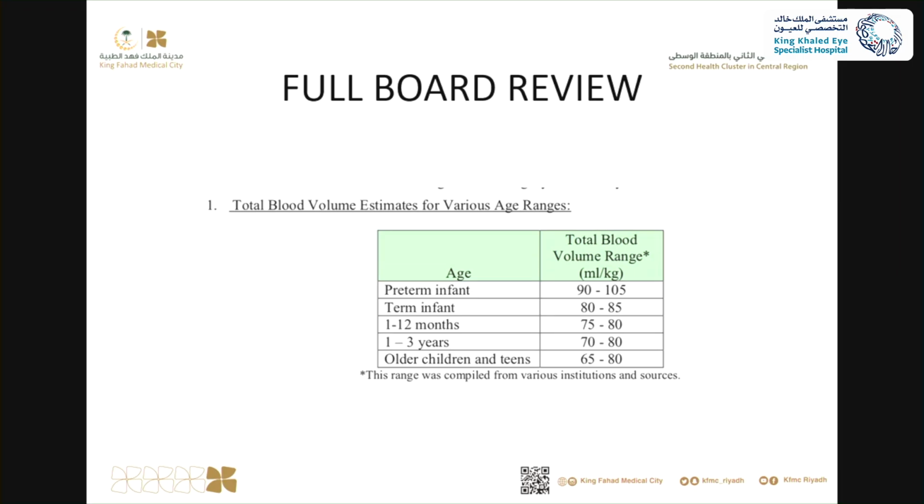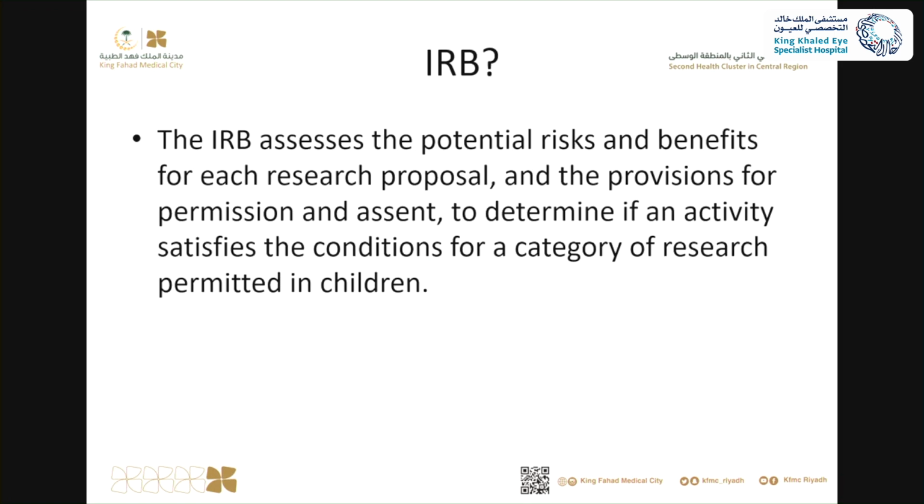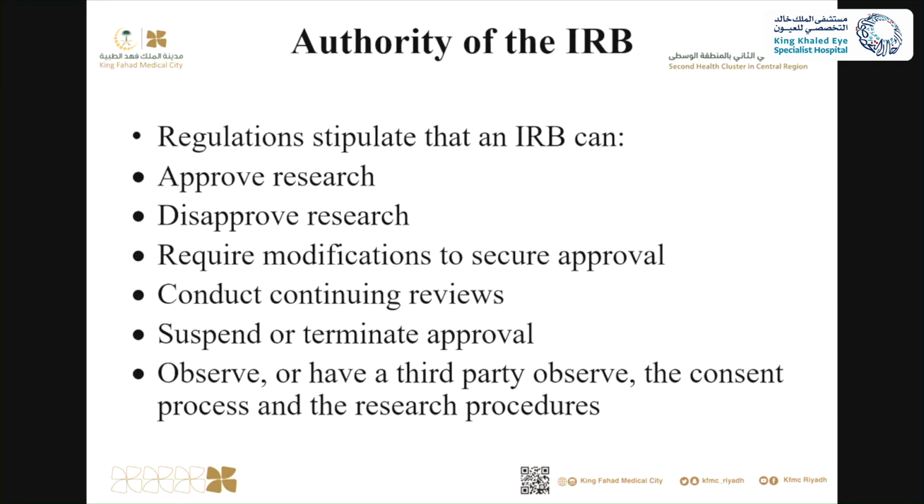It depends. In the preterm infant, it's different. In a 1-year-old, it's different. In a 3-year-old, different. So please, this is a reference for the full review board in IRB approvals to be approving the consent. The IRB, the institutional review board, needs to really make sure to protect the welfare of our subjects.